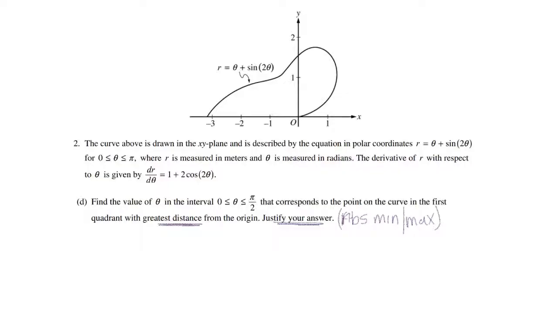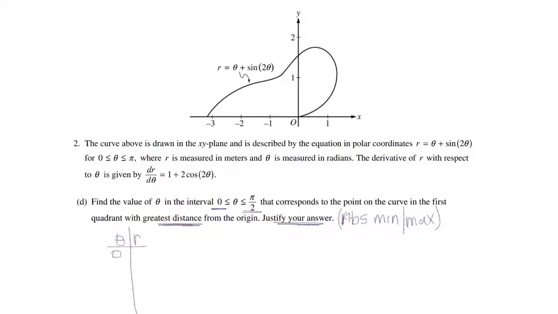And so, let's see. Very similar to absolute mins and maxes, I would set up some kind of chart. I have theta, and then I would have my r value. And remember that we do need to test our endpoints.